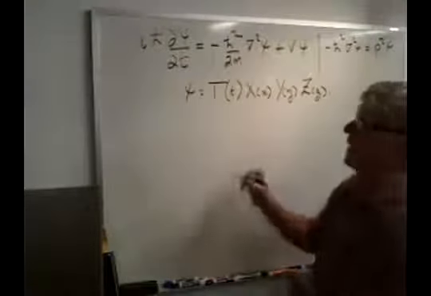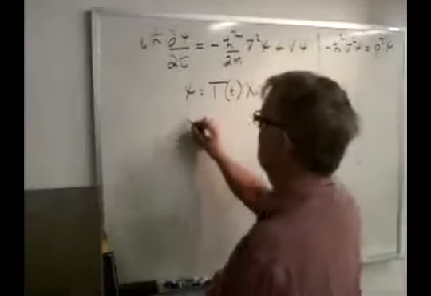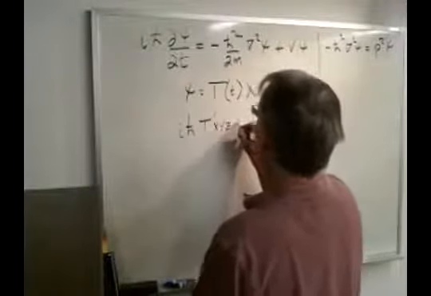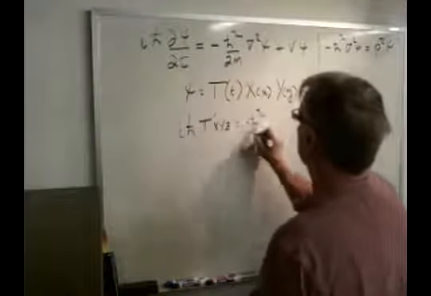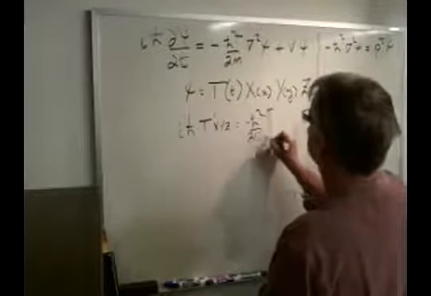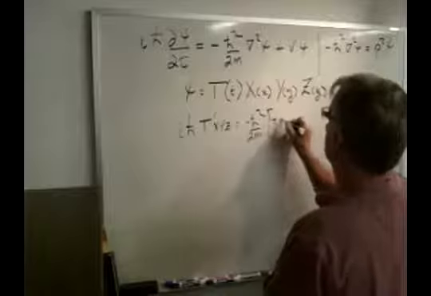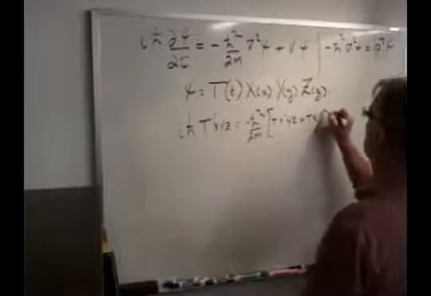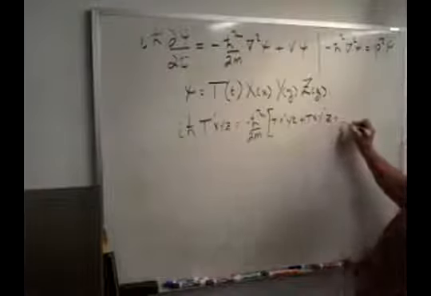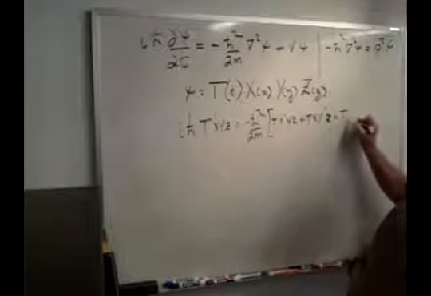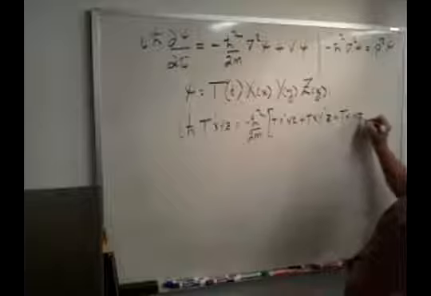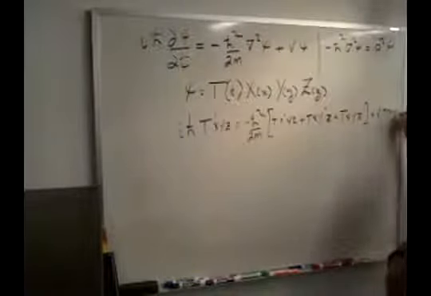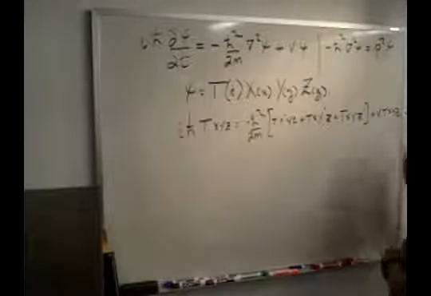We substitute back, and just to make it easy, we'll go i h bar T prime X Y Z equals minus h bar squared over 2m, T X double prime Y Z plus T X Y double prime Z plus T X Y Z double prime, plus V times T X Y Z. Managed to get it all into the board.